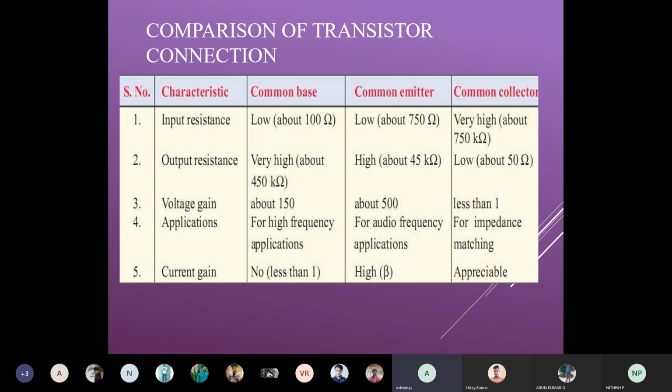Why is the common collector input resistance very high?